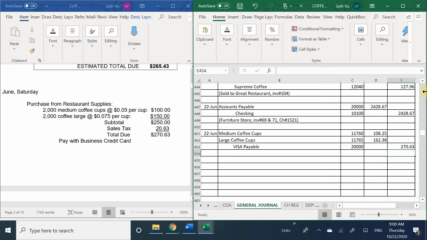Anything else we need to add to the journal? Comment, restaurant supplies. Nothing, tip off.